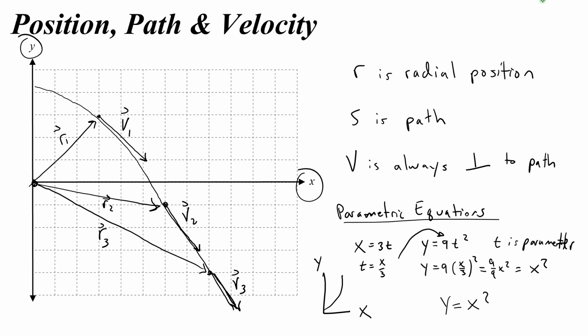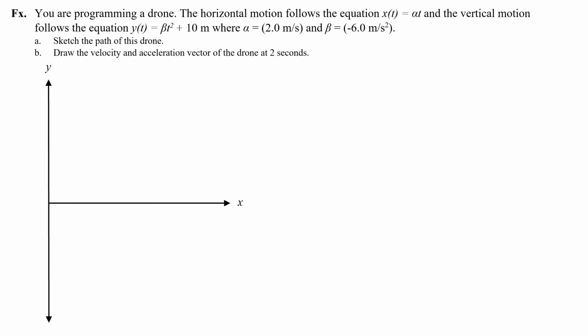Boom. Well, let's talk about how we would do that with the problem we just did. So here, my x equation and my y equation, if you remember, we said x equals 2t and y equals negative 6t squared plus 10. If we wanted to sketch y versus x, we would solve for t. So t is going to be x over 2.